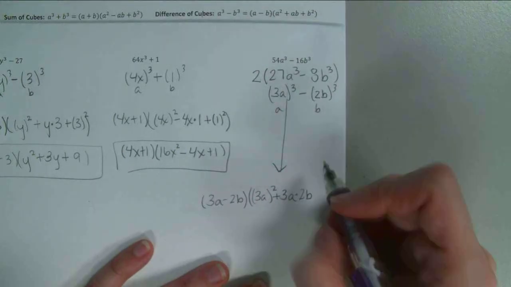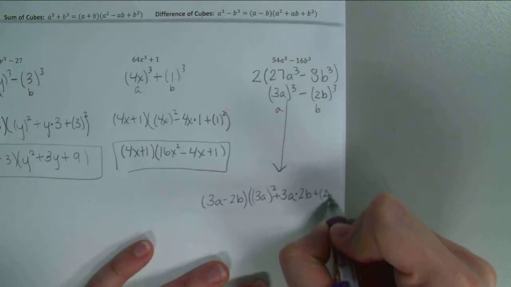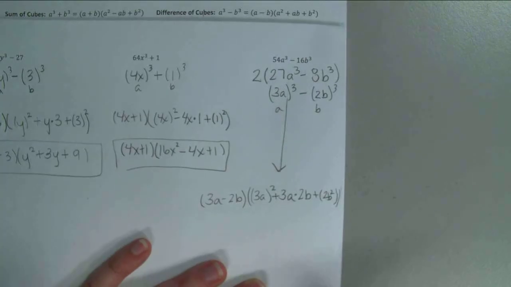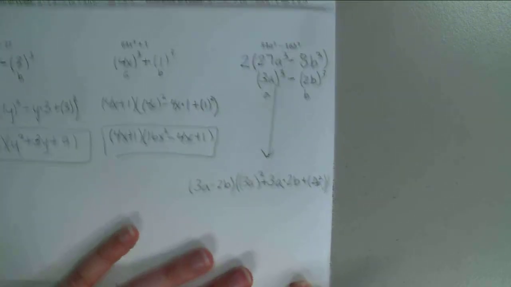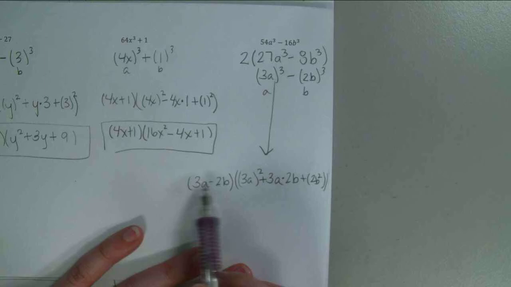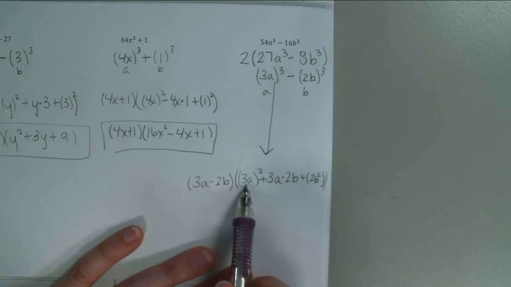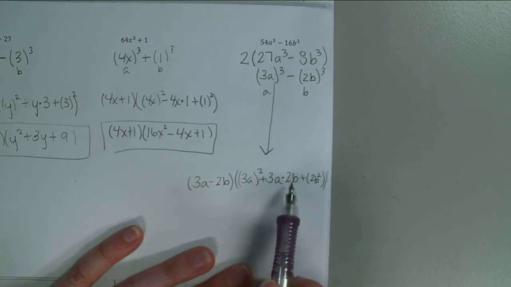So plus 2B squared. I'm getting really shoved in there, I'm sorry. Okay? A minus B, A squared plus A times B plus B squared.